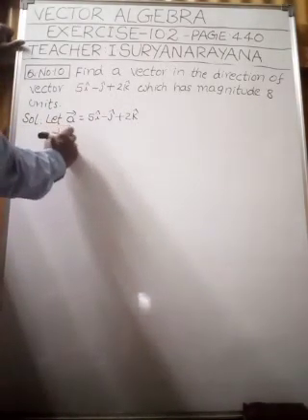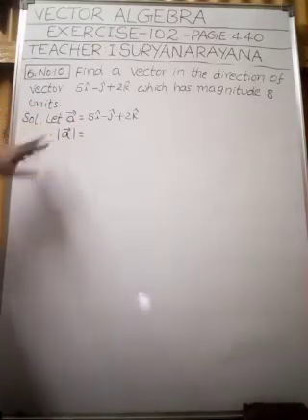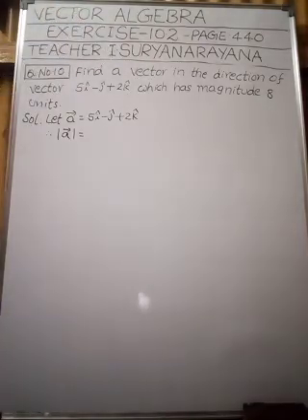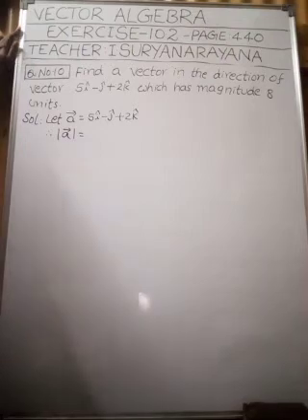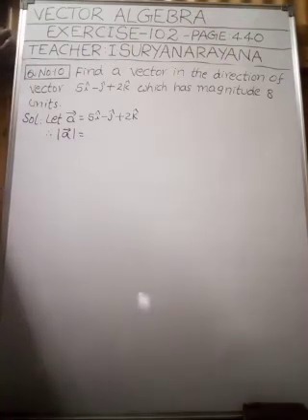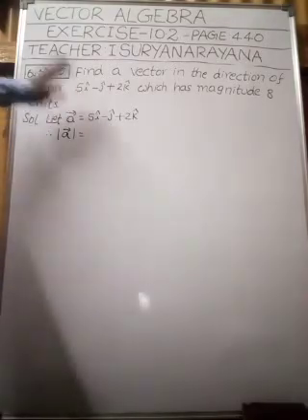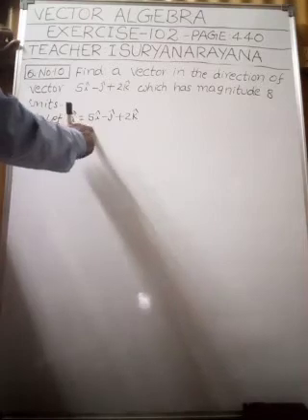Therefore, modulus of a bar; let us find the unit vector in the direction of a bar first. After that, we multiply it by 8. Then we get the required vector. Okay, my children, that is a simple concept. Similar to the number system: if you find the cost of one book, you can find the cost of 8 books. Yes or no, my children? Similarly, here also, the same concept. So let us find the unit vector in the direction of a bar.